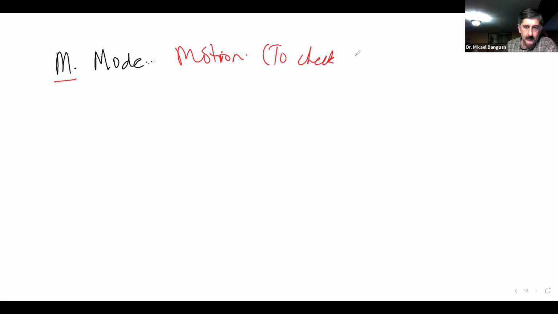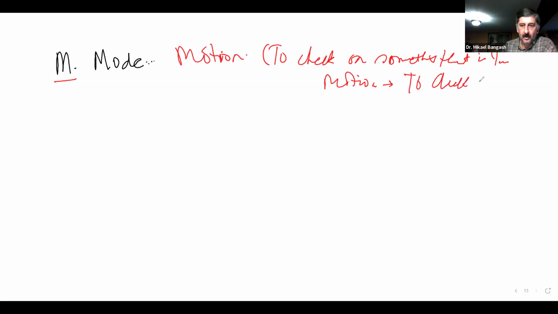To check on something, scan something that is in motion. Why? To scan the degree, or we can say the extent of motion or movement.